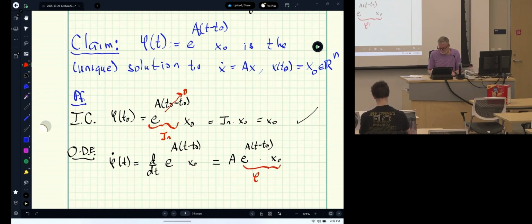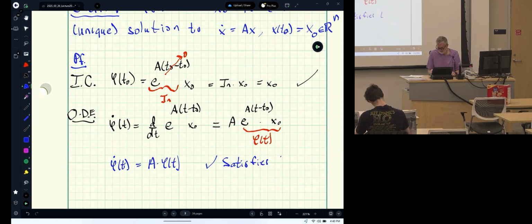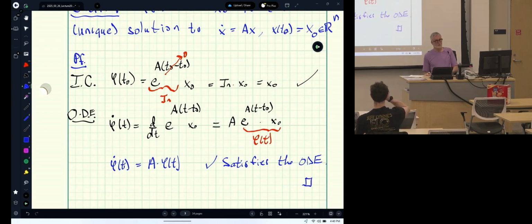But that's phi of t. So phi dot of t equals A times phi of t. Check, it satisfies the ODE. And that's it. So the matrix exponential does it.